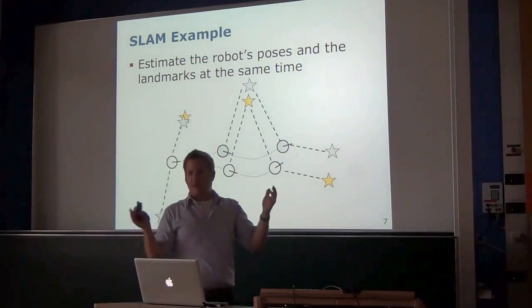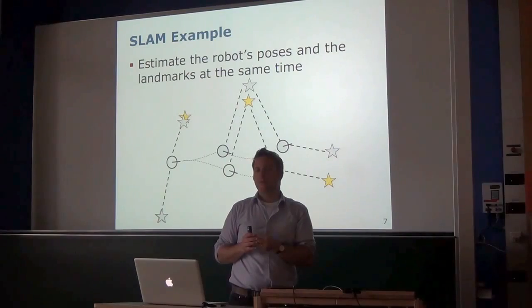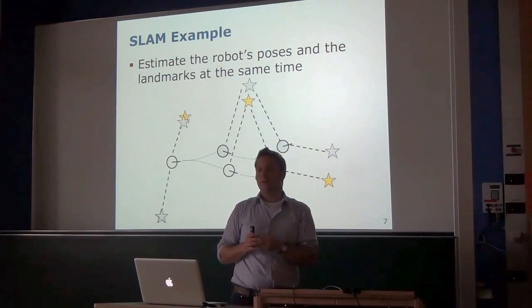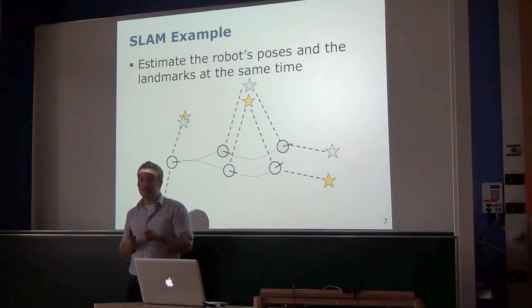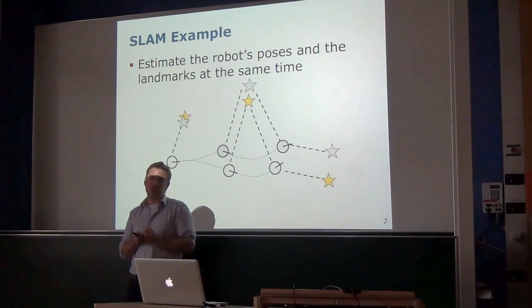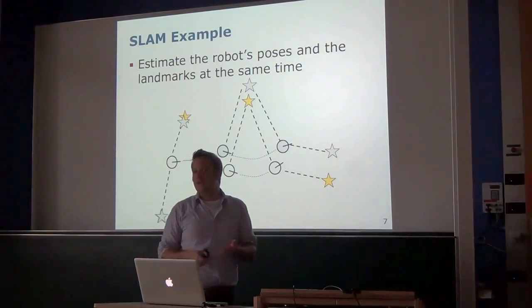These are the values in your map. We have the map and we say, okay, this is the ground truth at different positions in the map. So the ground truth is the thing you would like to have. You want to come as close as possible to the ground truth, but you don't know it. If you knew the ground truth, you wouldn't have a problem, you would just take it. But you typically don't have that.